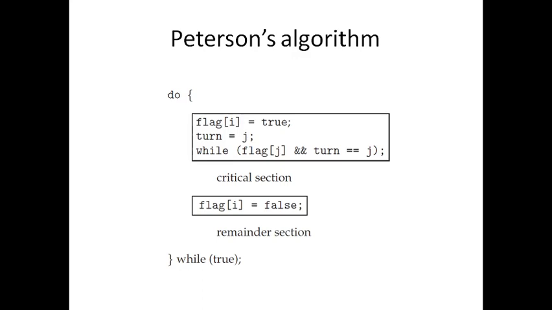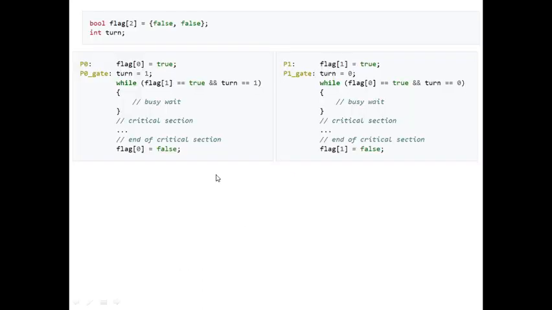Whereas if either one of them is false, because there is an AND operator, which requires both conditions to be true for the overall output to be true, then if either the flag value is not true for the other process, or the turn is not for that particular process, that process is not going to be caught in the loop, and it will proceed into the critical section.